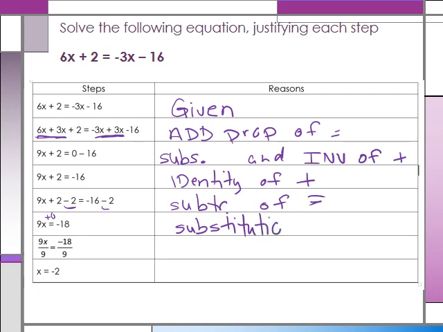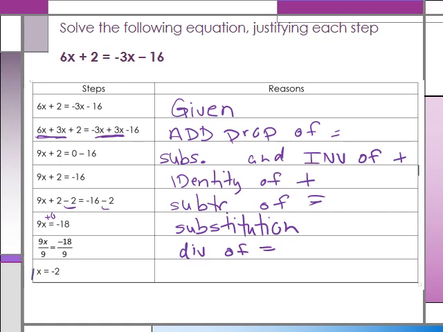Sometimes it's hard to think to break it down to the minor steps. Okay, we're substituting negative 18 in for negative 16 minus 2. And the next step, we're dividing both sides by 9. So that's division of equality. And then again, I've got 2 steps going on here.